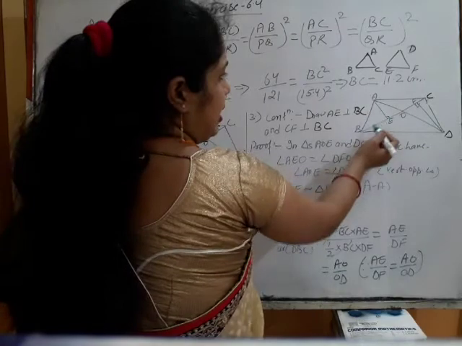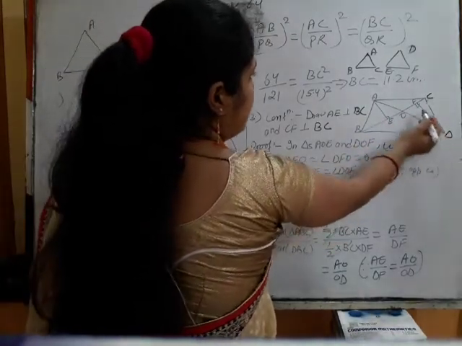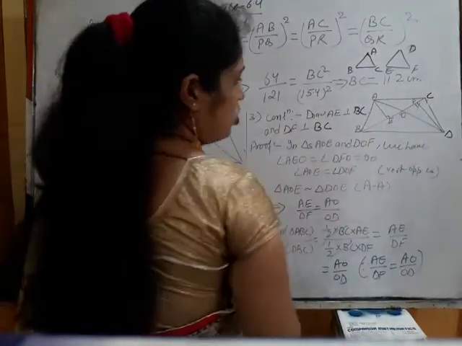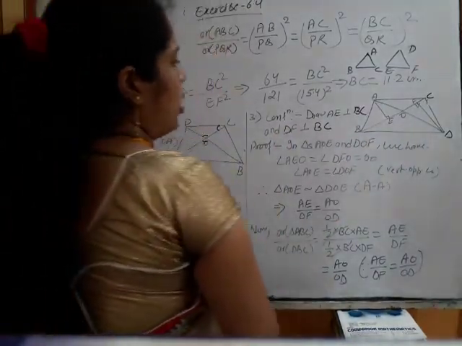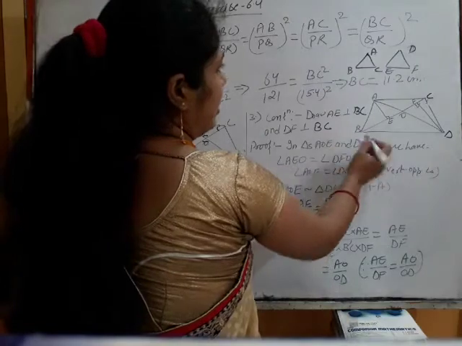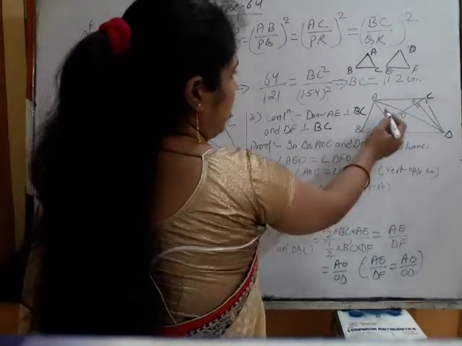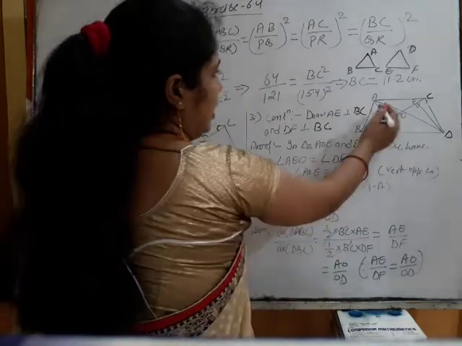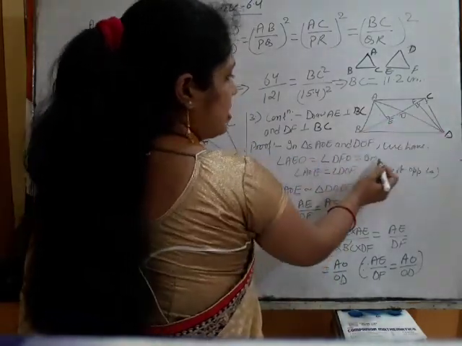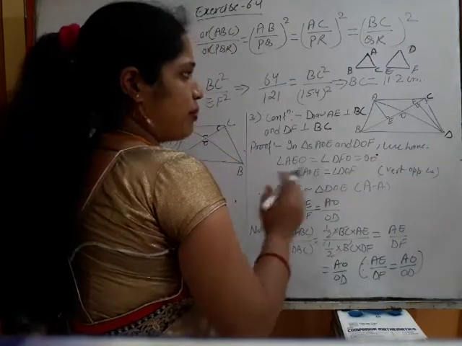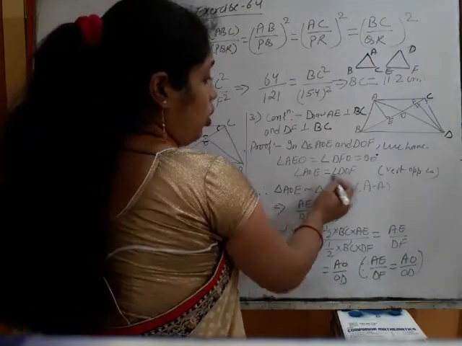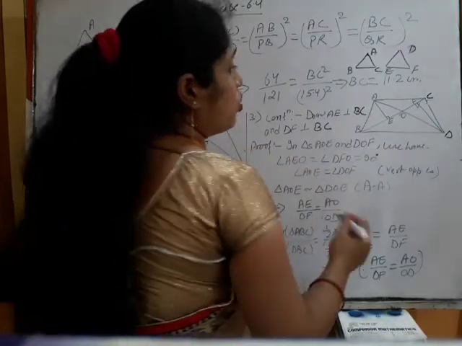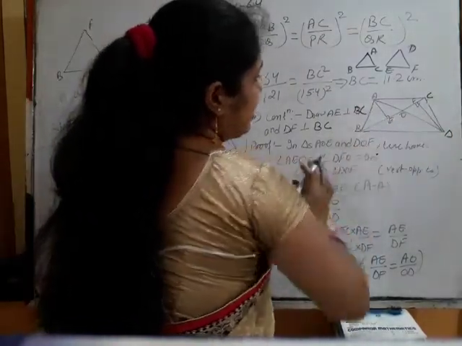We will draw AE perpendicular to BC and DF perpendicular to BC. So now in triangles AOE and DOF, angles AEO and DFO are 90 degrees each by construction, and in the question it is given these two lines are intersecting each other.